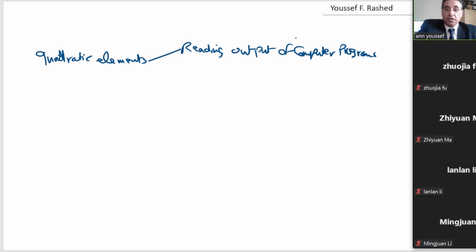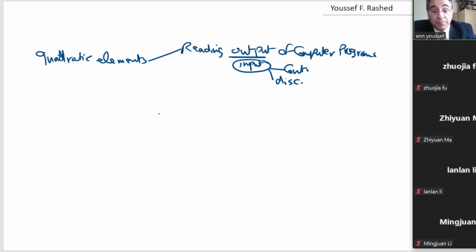And as far as we talk about output, how to submit the input for such quadratic elements, we'll talk about input also. When we talk about inputs, we'll talk about two elements, continuous element and discontinuous element. Then we will move to numerical implementation.